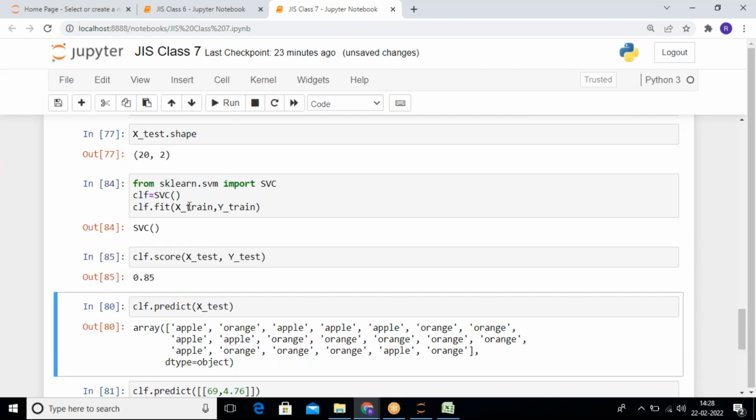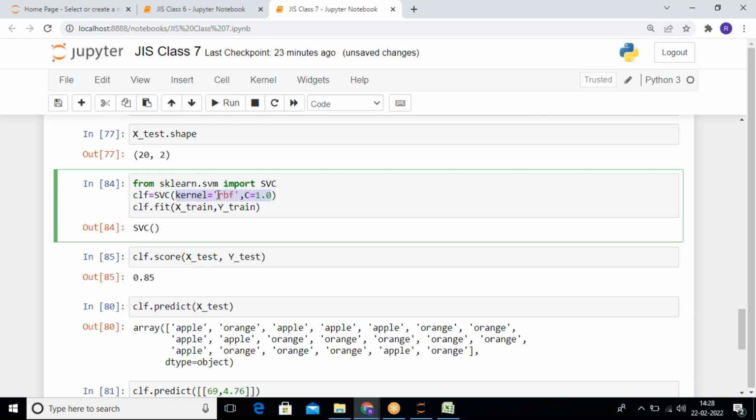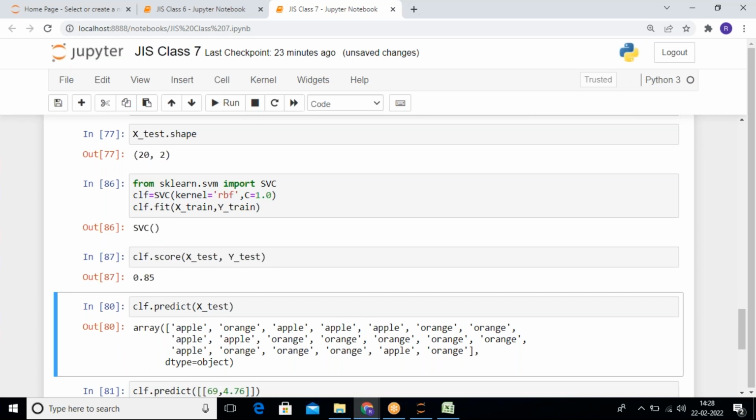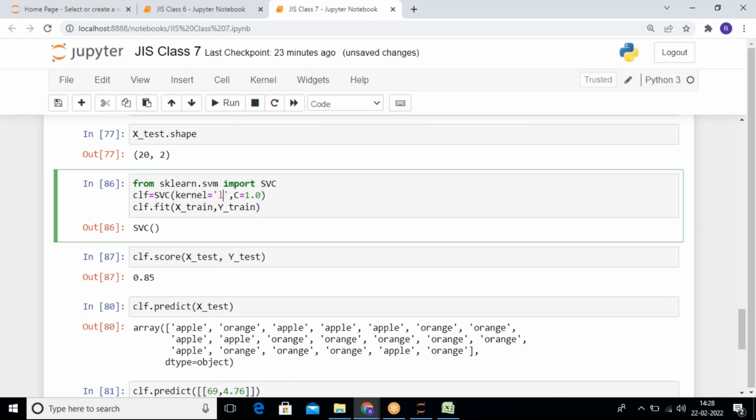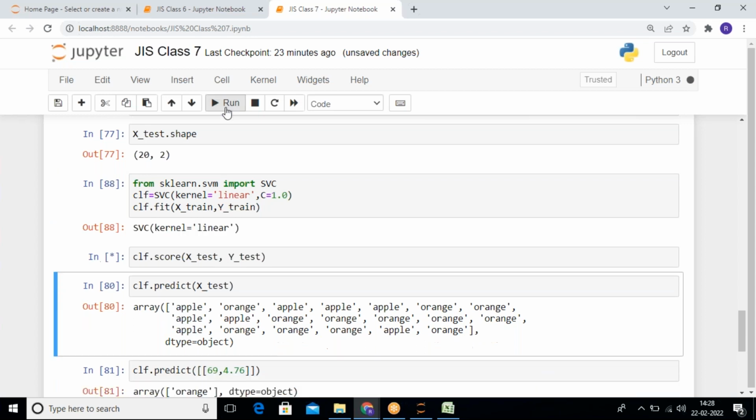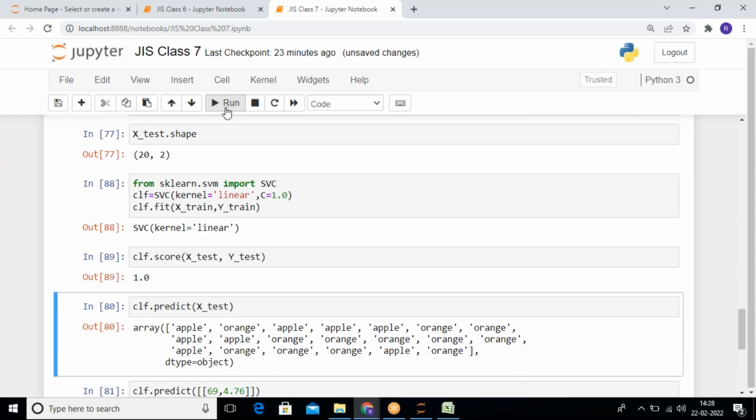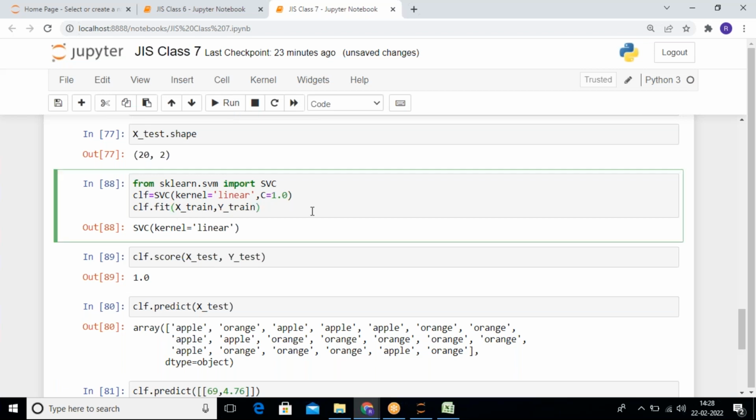If I remove these values, will it affect? No, it's not affecting. Kernel equal to linear, will it affect? See, now when it's linear, it's working. For a linear data set, linear classification works.